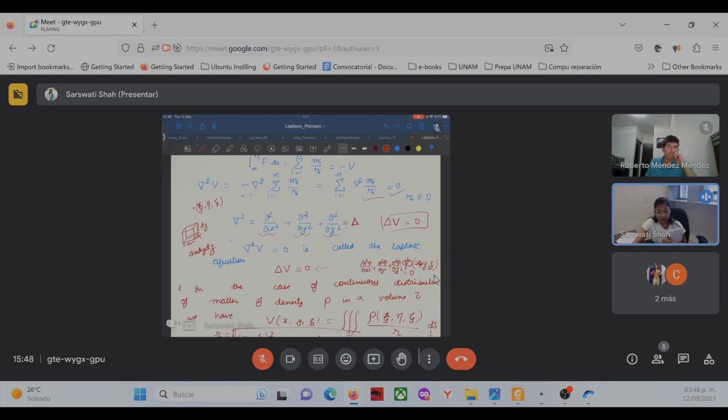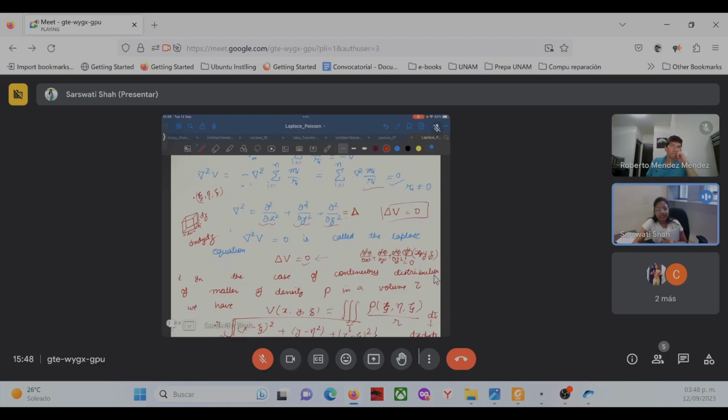So if this phi is a solution of this Laplace equation, then we call it a harmonic function. Every solution of the Laplace equation which exists in all the domain, in all the spatial variables, will be called a harmonic function. Is it clear that the solution of the Laplace equation is a harmonic function?